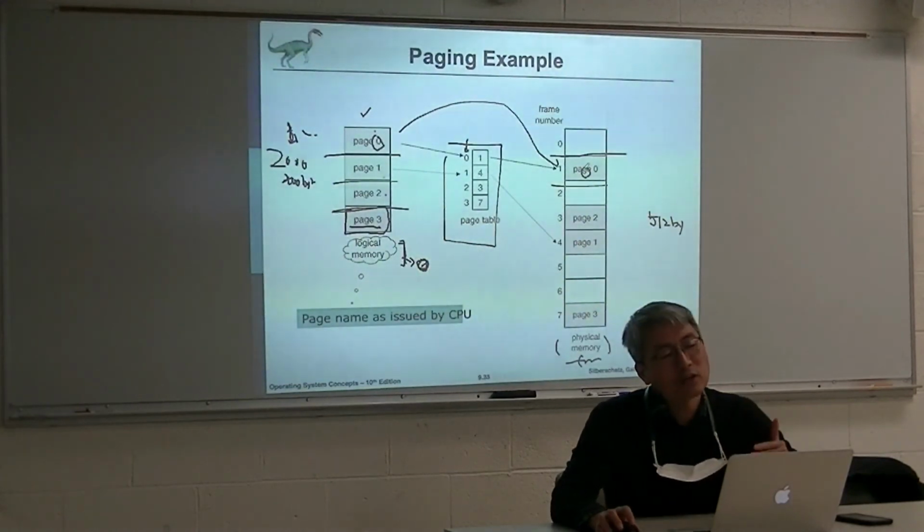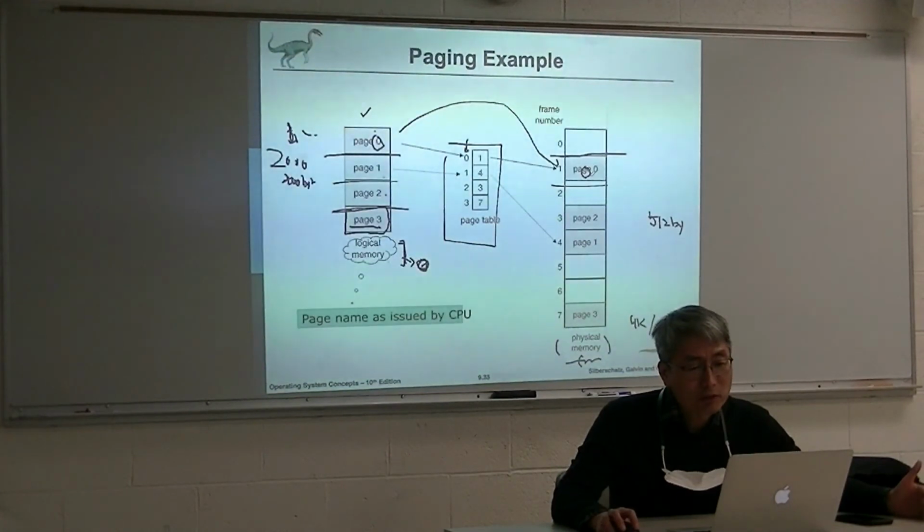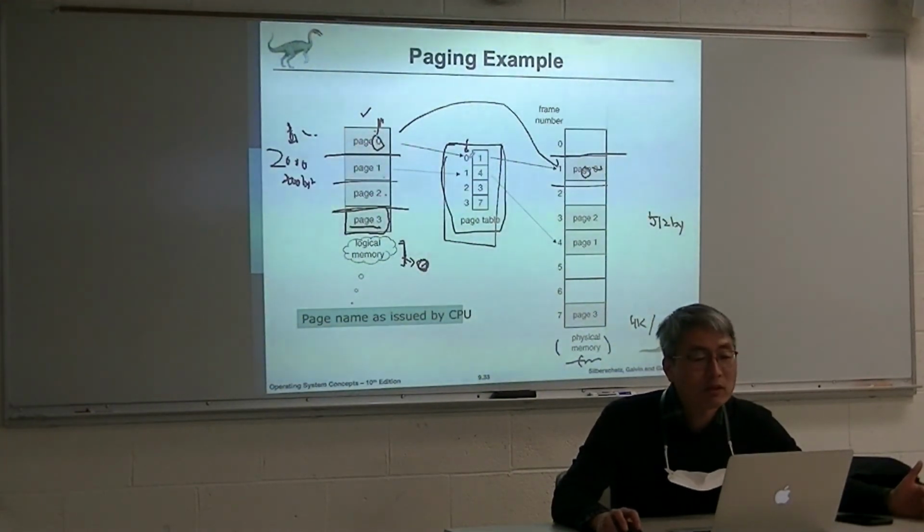Then how does your computer know? Eventually, your CPU needs to access this one, not this one. First, the memory management unit, the MMU, page table checks the relative address, then calculates the page number. It's a 0. 0 is in 1.